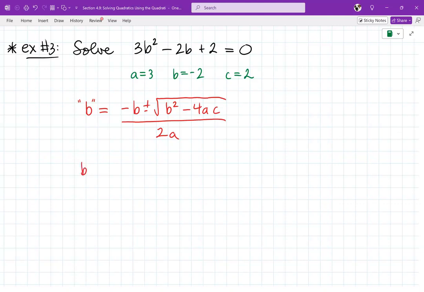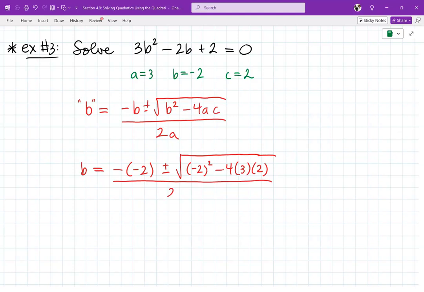All right. So B is equal to negative of a negative 2 plus or minus the square root of negative 2 squared minus 4 times 3 times 2, all over 2 times A, so 2 times 3.